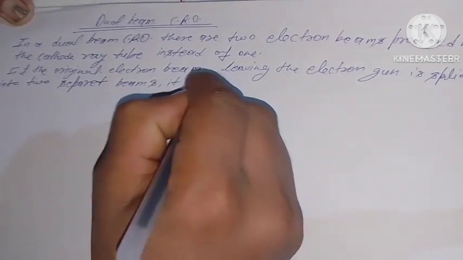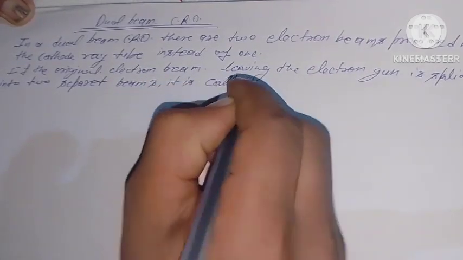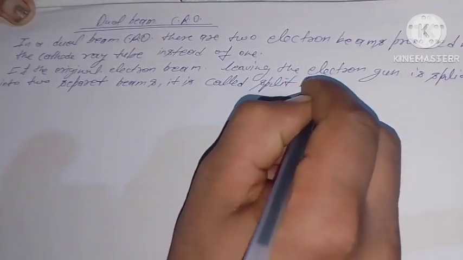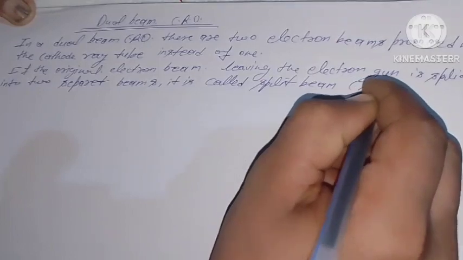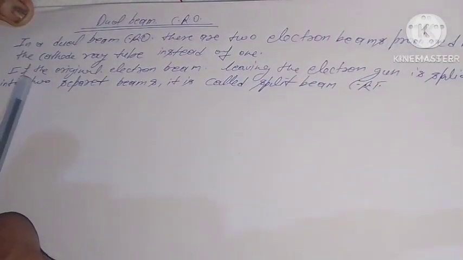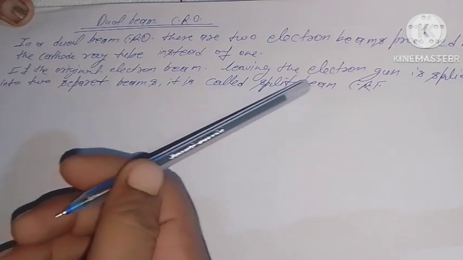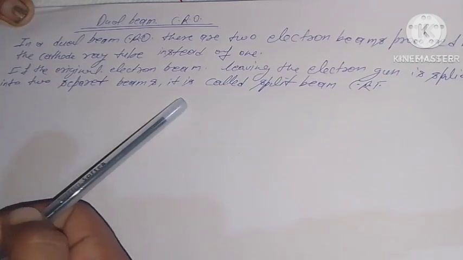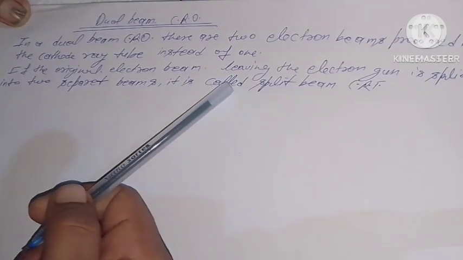Okay. The original electron beam leaving the electron gun is split into two separate beams. It is called split beam CRT.